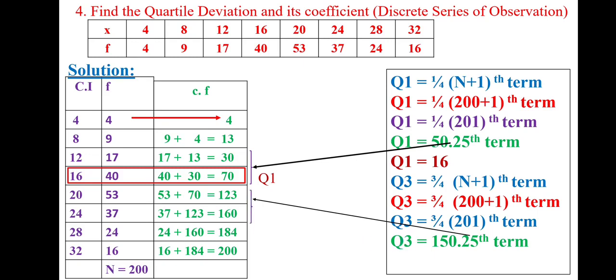In that, the maximum is 160, and the x value for that is 24. So Q3 equals 24. This is the way we find Q1 and Q3 for a discrete series of observations. Q3 minus Q1 divided by 2: Q3 is 24, Q1 is 16, 8 divided by 2, so the quartile deviation is 4.